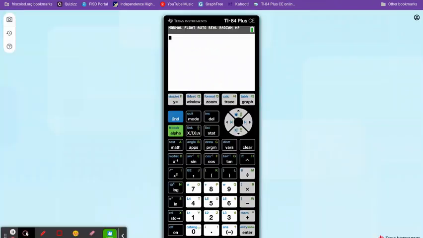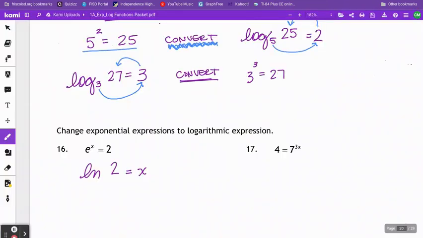Go to your calculator. We're going to type ln of 2, so natural log of 2. It's going to give me an answer. For us, we're always going to round to the thousandths place, so go out 3 decimal places, 0.693. 0.693 equals x.